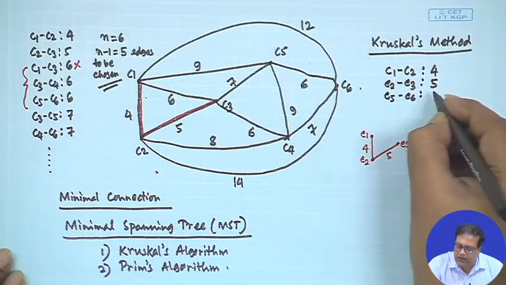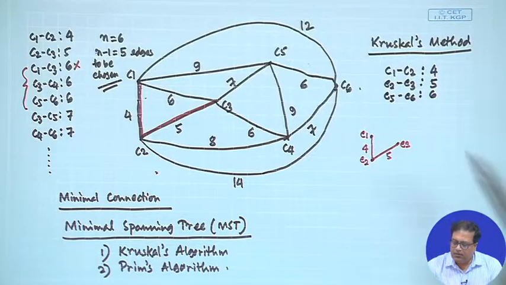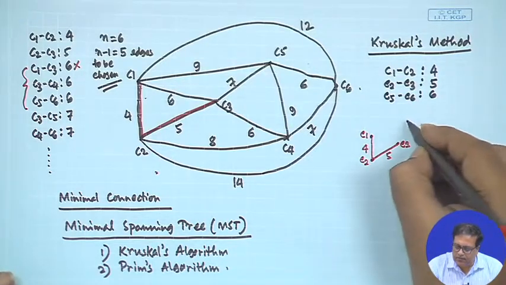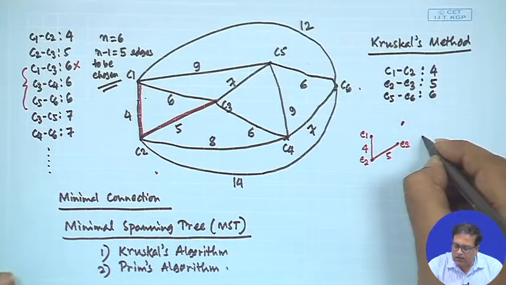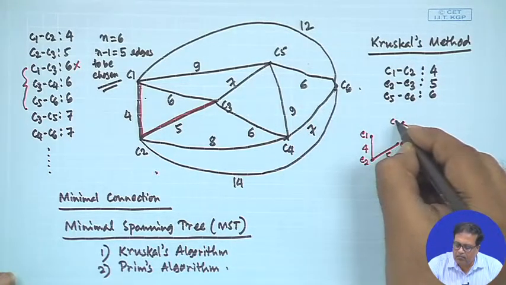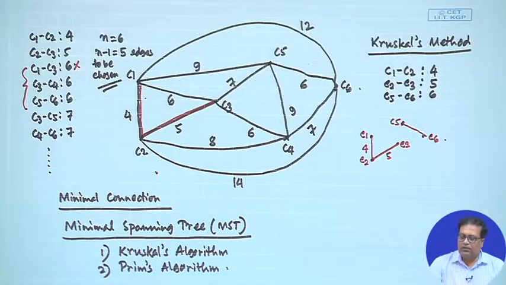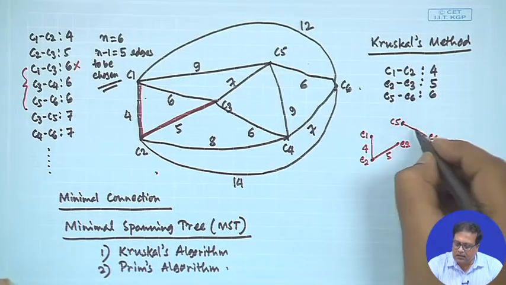So C5 C6 is 6. So we choose it. So let us draw it in this diagram. So this is C5 and C6. Right. So C5 C6, 6 is also chosen.